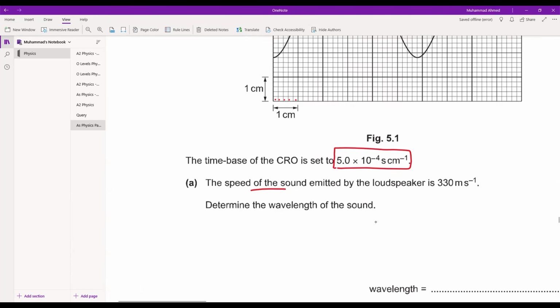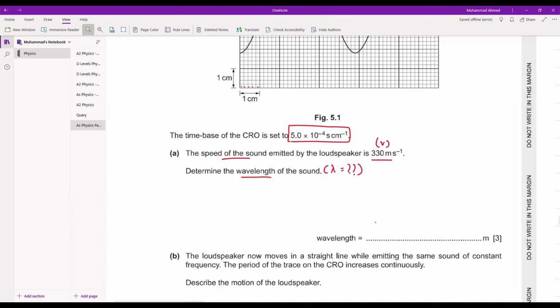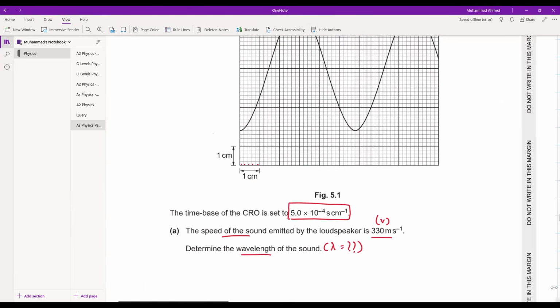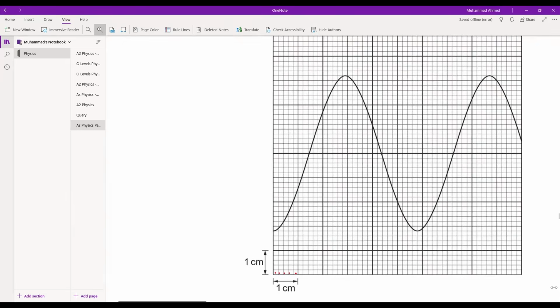The speed of the sound emitted by the loudspeaker is given. Calculate the wavelength of the sound. How will you do that? Very, very easy. Let's zoom in a bit.